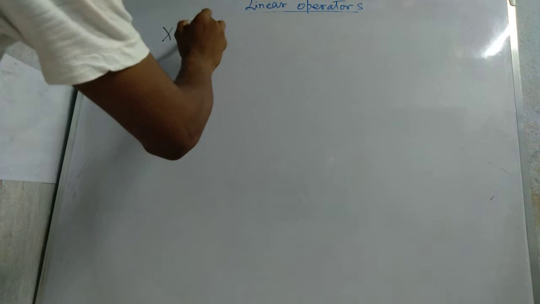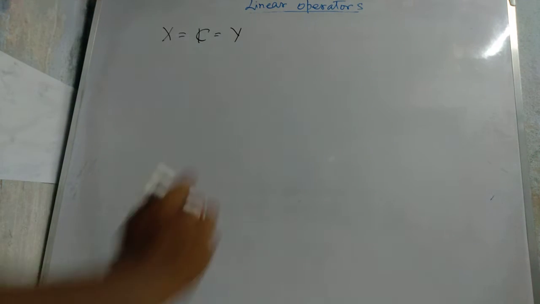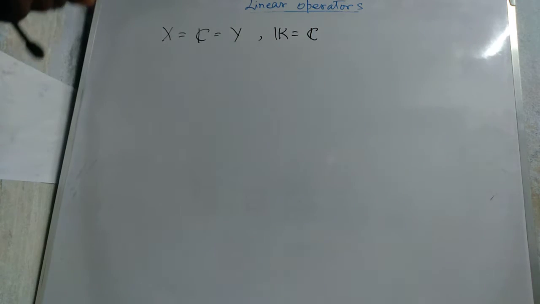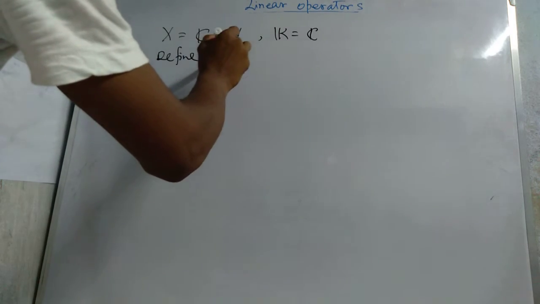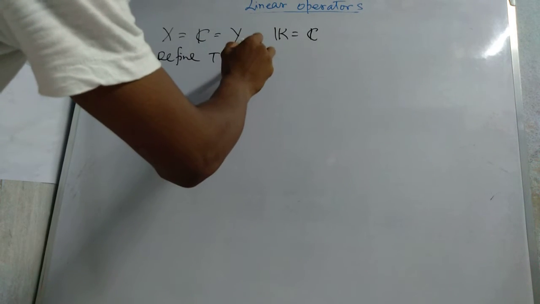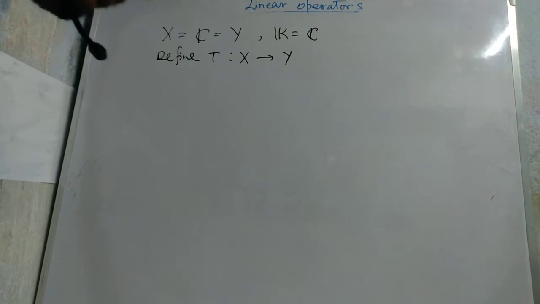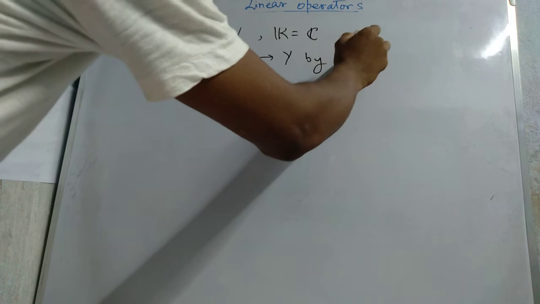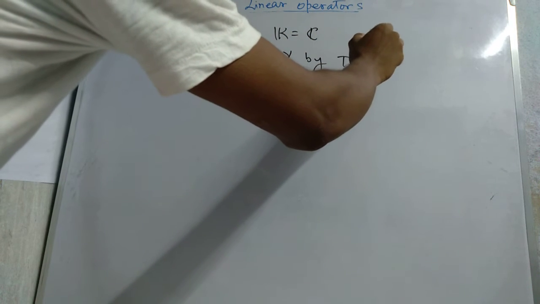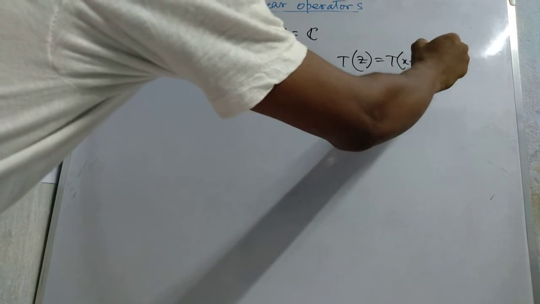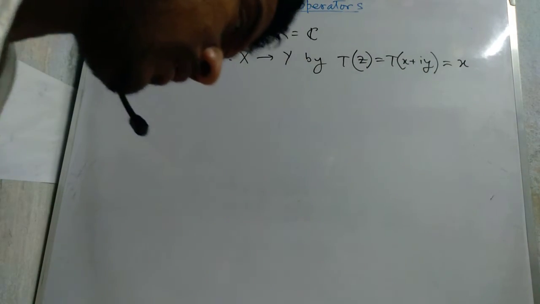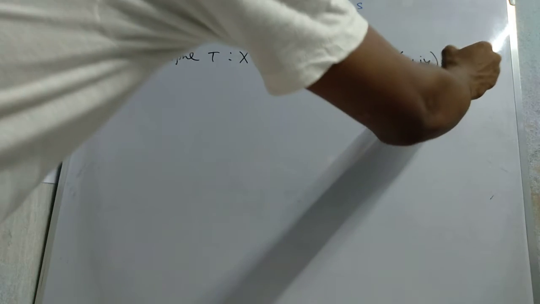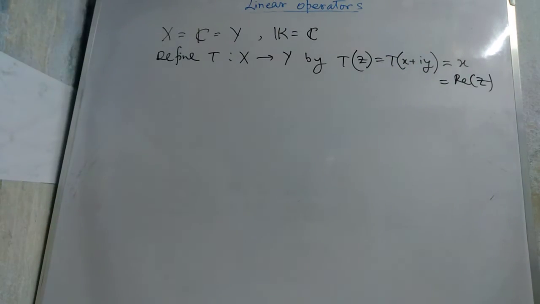Let X equal to C equal to Y, and obviously K equal to C. Then we define T from X to Y by T of z, that means T of x plus iy, equal to x, that is, the real part of z.